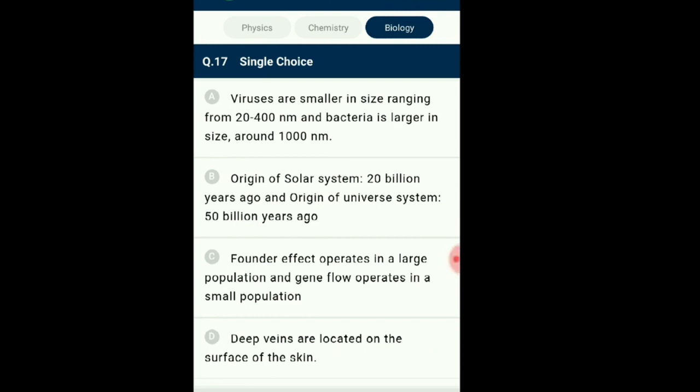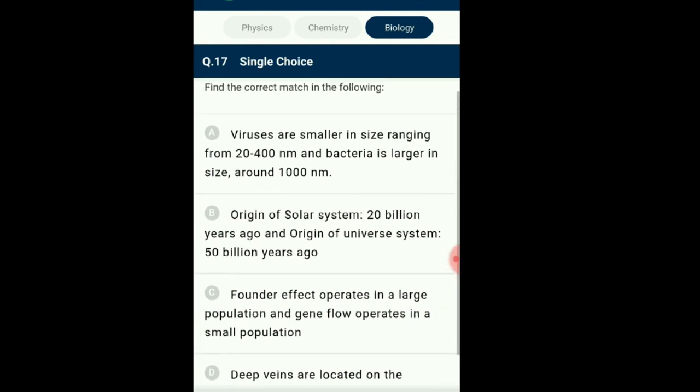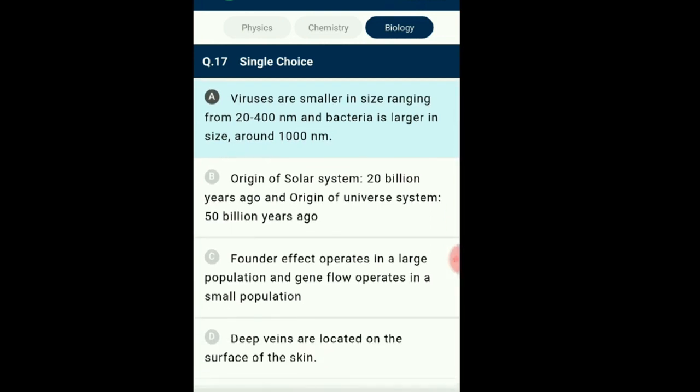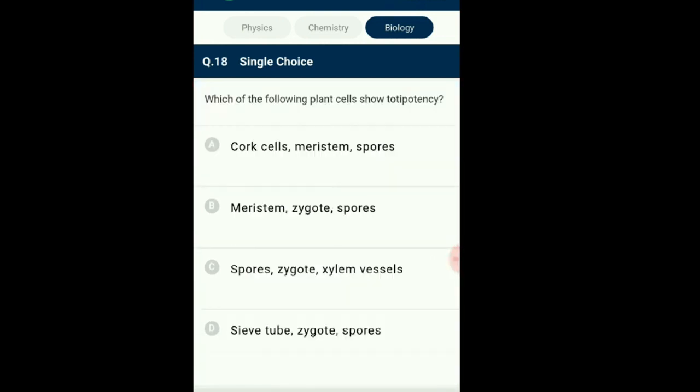Founder effect operates in small populations and gene flow operates in large populations. Deep veins are located within the muscle tissues and superficial veins are closer to the surface of the skin. So the answer for this question is option A. Viruses are smaller in size, ranging from 20 to 400 nanometers, and bacteria are larger, around 1000 nanometers. So that is the correct match in the following. Question number 18. Which of the following plant cells shows totipotency?